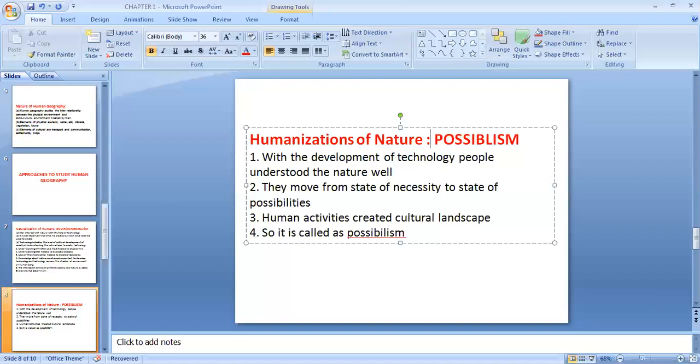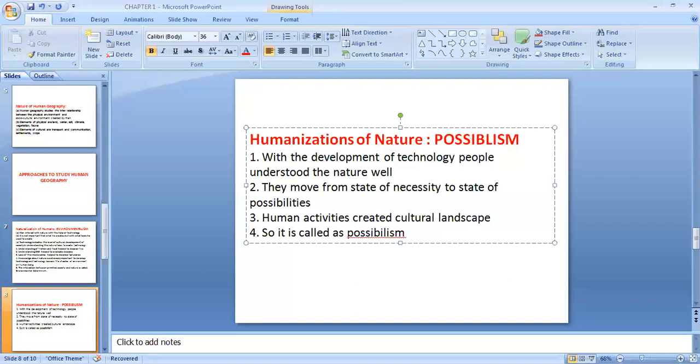Possibility is there. Everywhere possibility is there. Most of you, I think you are believing in possibilities. Why not? It's possible. Everything is possible because we are having technology.